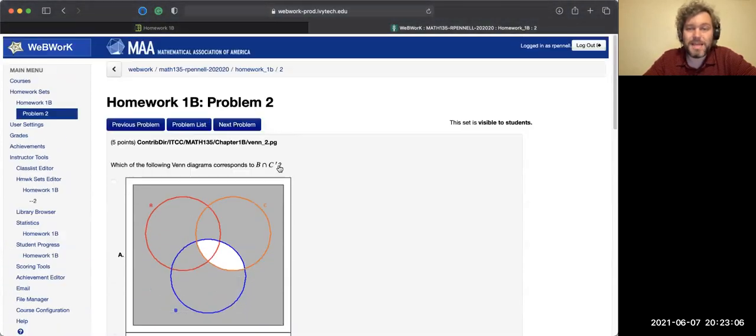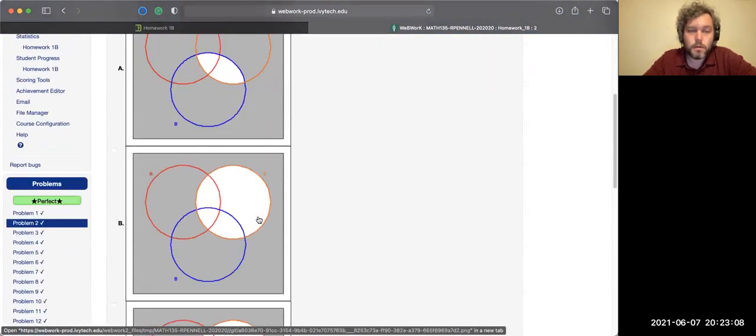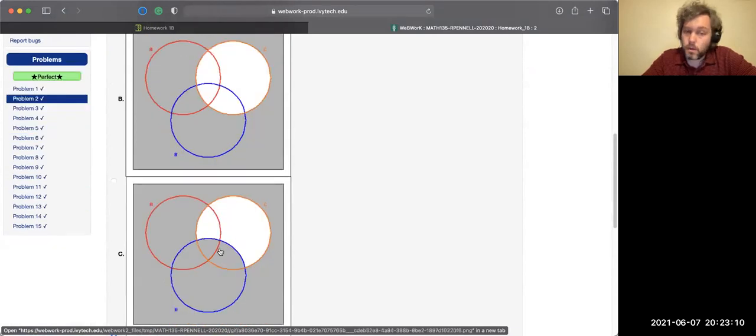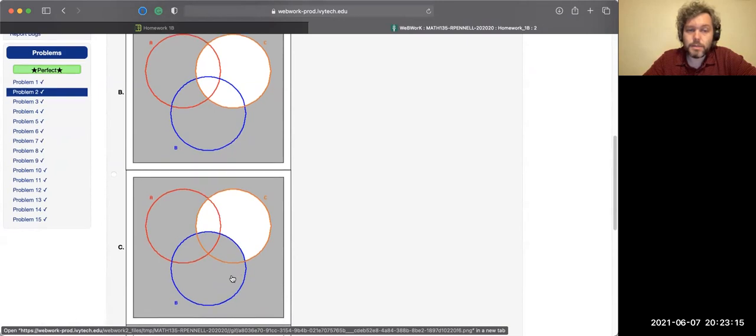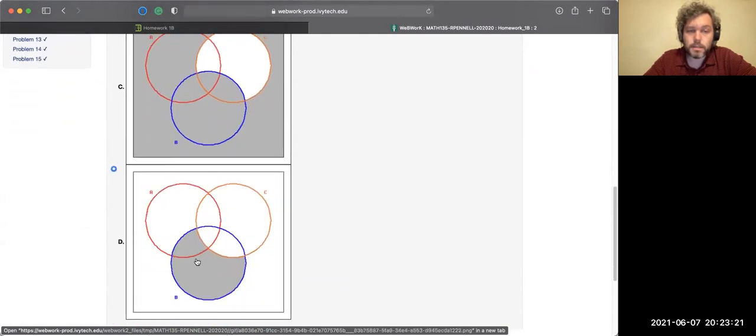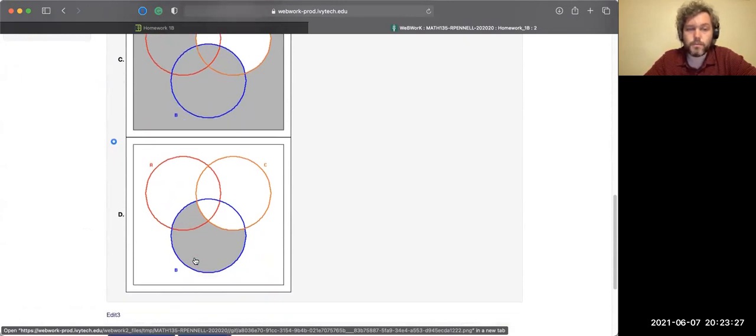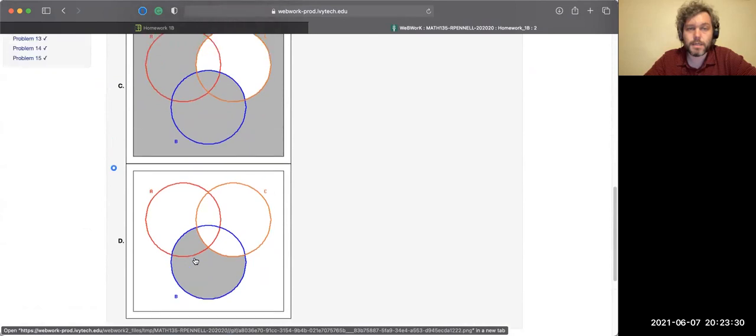What we're looking for is B minus C. This would also not be right because we have outside. We just want the part of B that has nothing to do with C. So we're really just looking for this part here, and that looks like it's this one. This would be the part of B that has nothing to do with C, so just these two pieces right here. So that's how I picked that one.